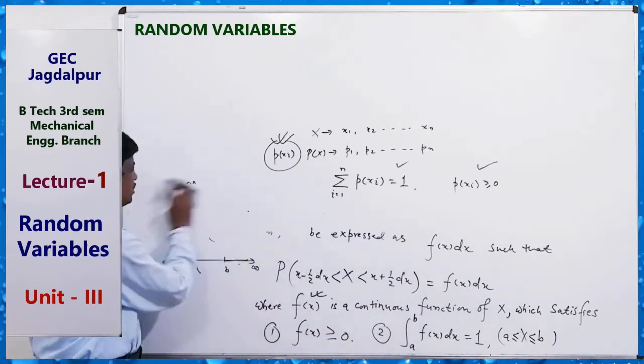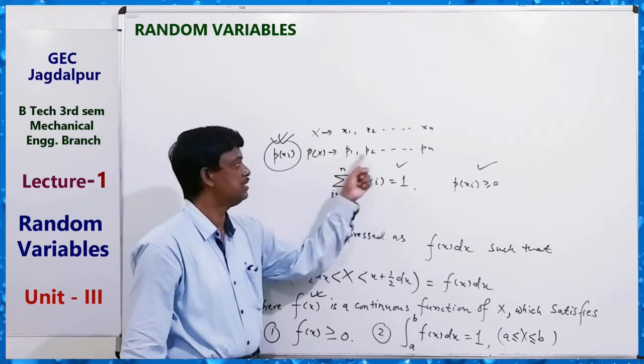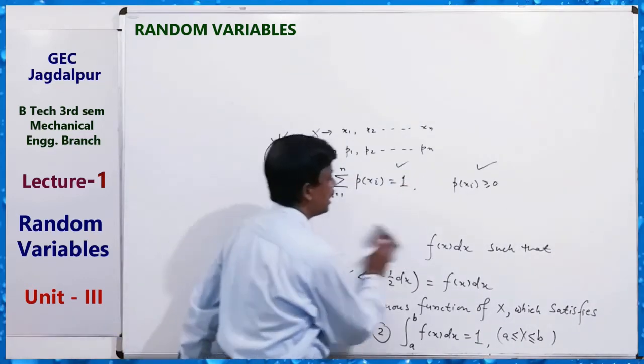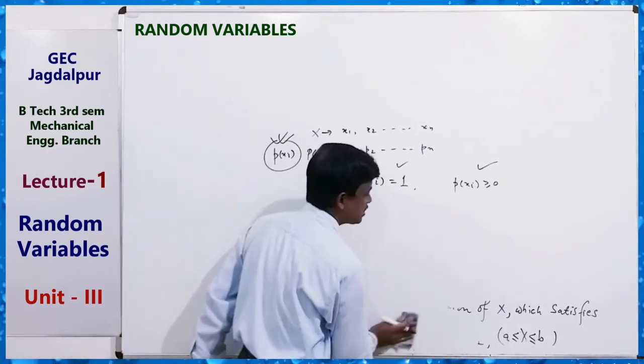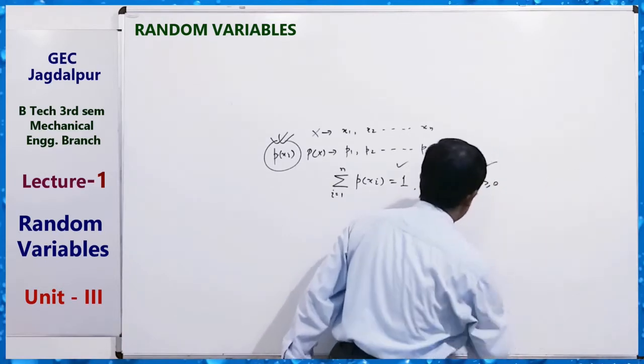Here the probability function, the probability density function, is denoted by f(x), and it also satisfies this type of condition. In place of summation, we use the integral sign.